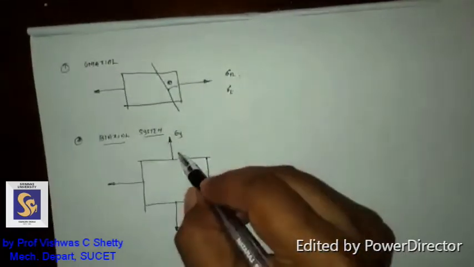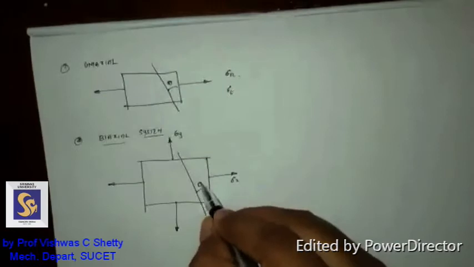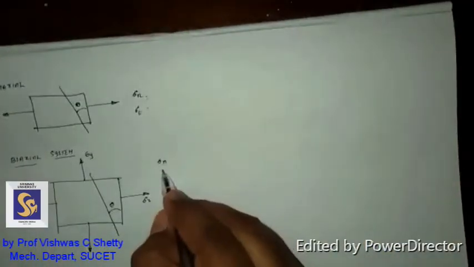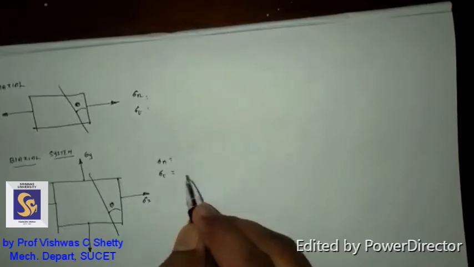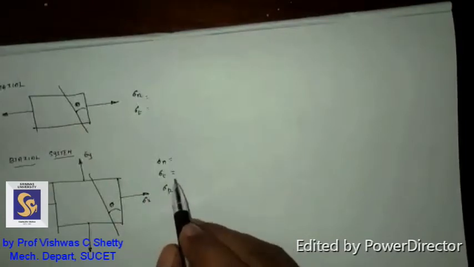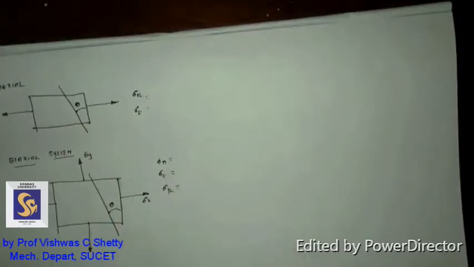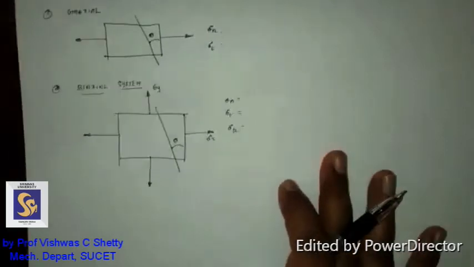Now there will be an oblique plane theta. There is no shear in this case. Then you have to find out sigma n and sigma t. Corresponding formulas are there. Because stress is acting in two directions, there will be a resultant stress also. Sigma n, sigma t, and sigma r. So three things will be there.